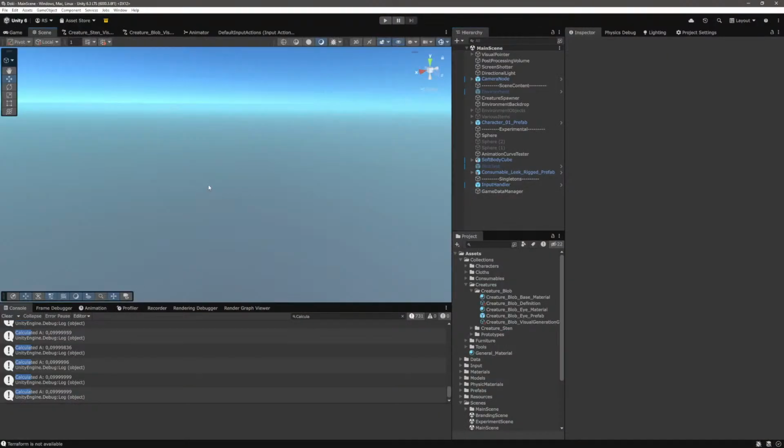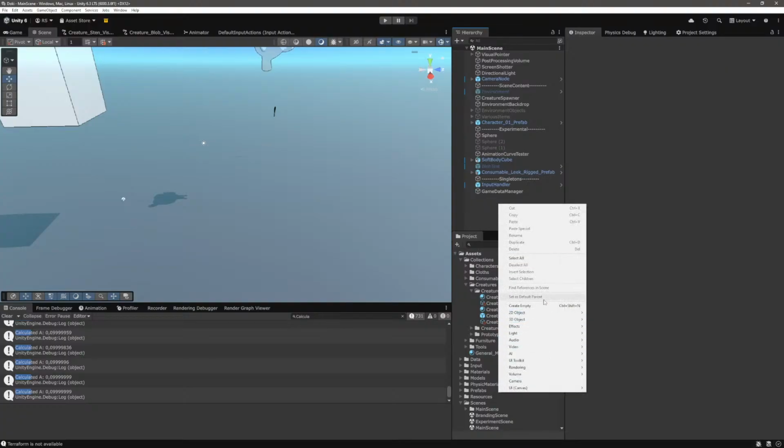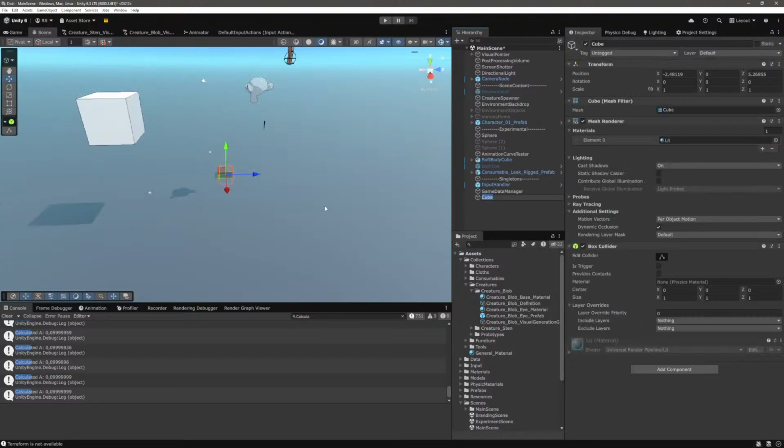So let's do... Yeah, let's go with a cube.